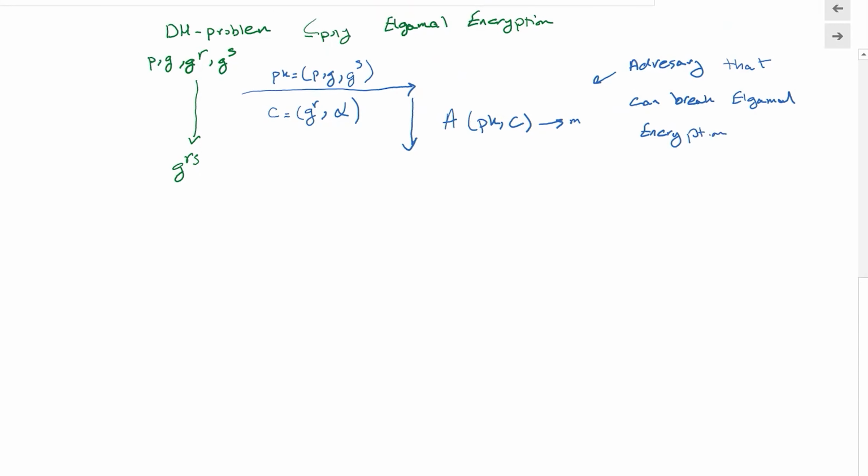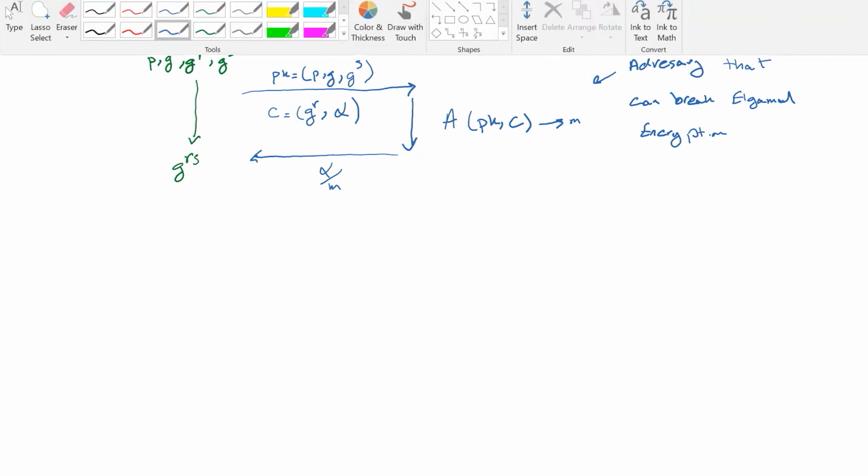That is our adversary algorithm A, that given this information, can break this scheme. And once we have done so, we show that the answer would be alpha divided by m. So let's see how this can actually work.